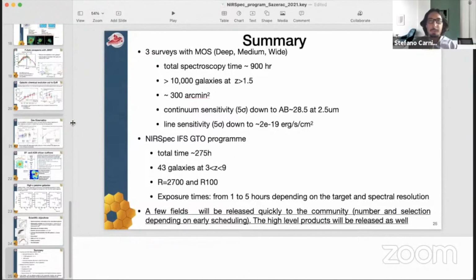Okay, for the MOS, the idea depends on the shadowing, so the position angle strongly limits our selection. However, the priority list more or less is already defined. And for the IFS, at least for cycle 1, everything is already scheduled. For cycle 2, we have to plan and schedule in the next month.